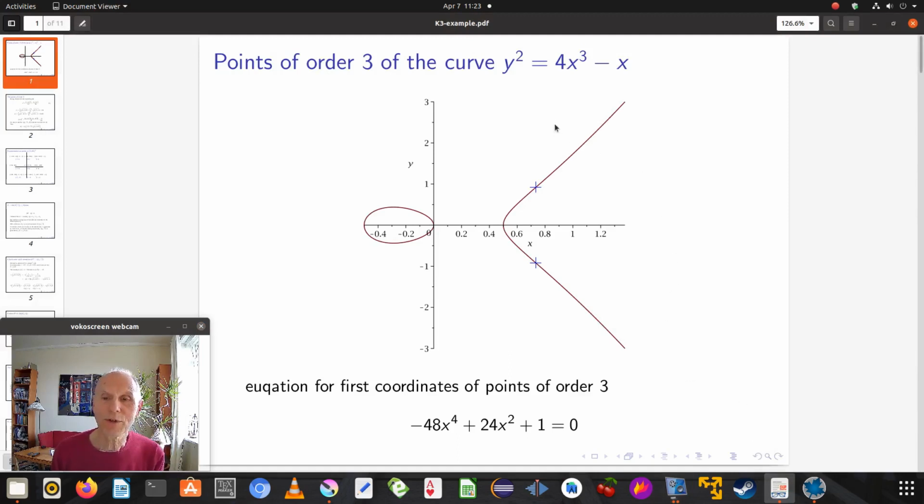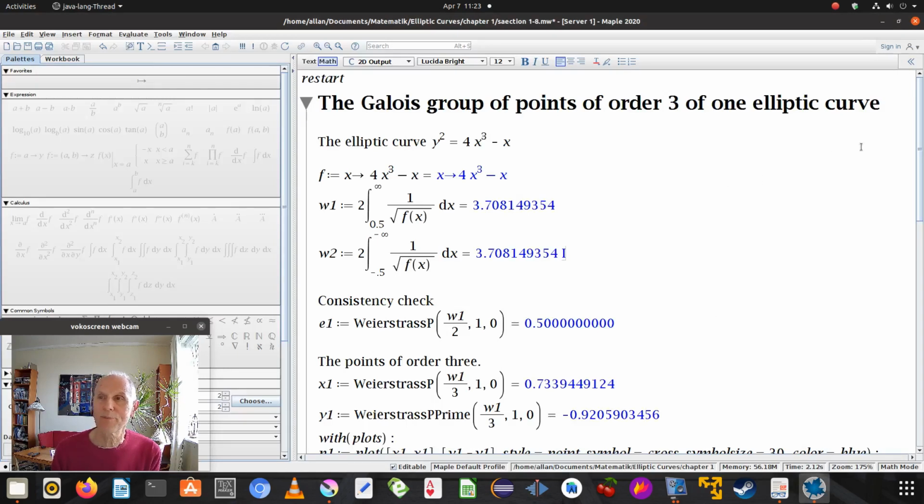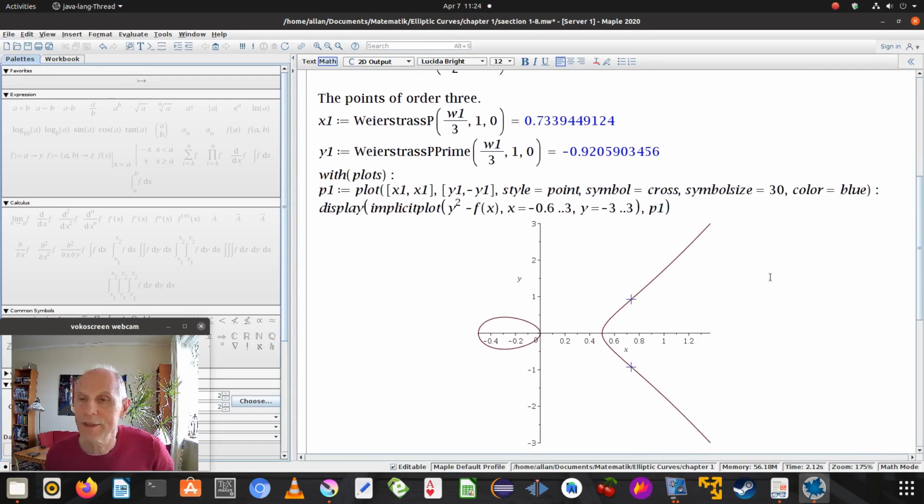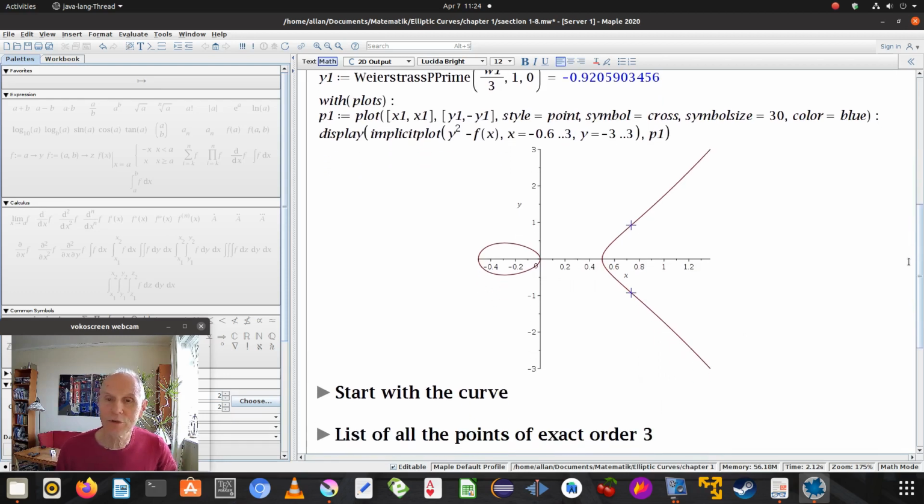Now, the curve we are working on is very simple. And I've depicted it here. And we have the points, the real points of order 3 here, the inflection points on the curve. I did this part of it in Maple, and here's the plot I showed you.